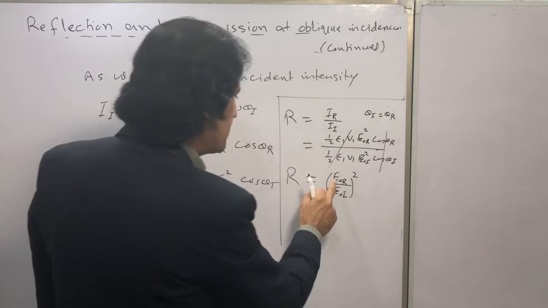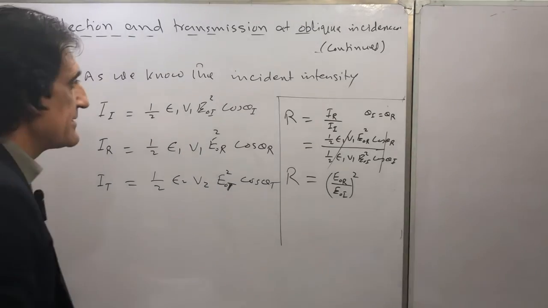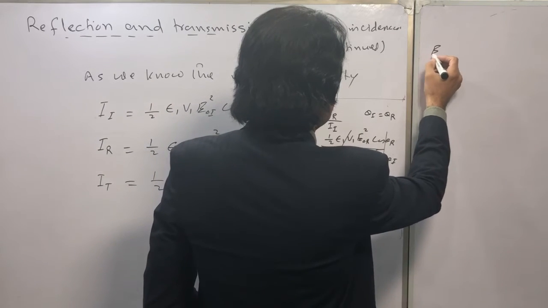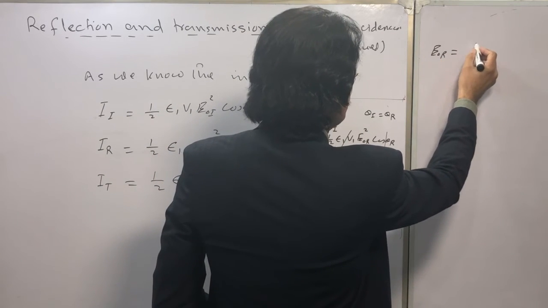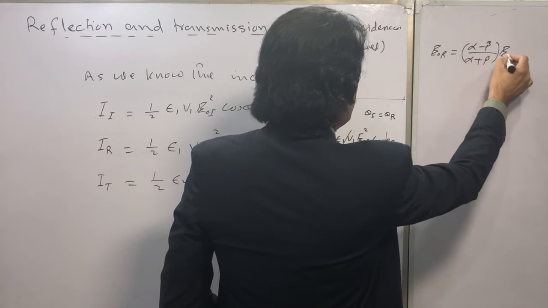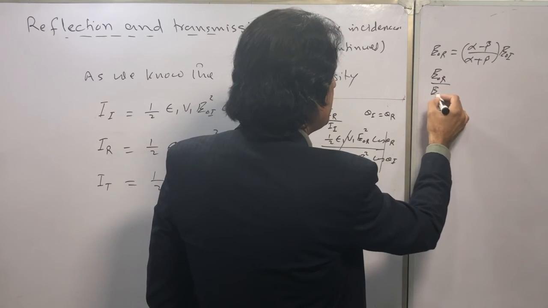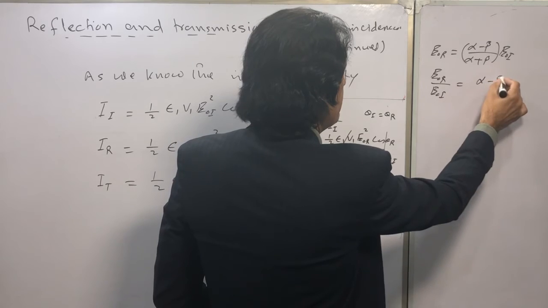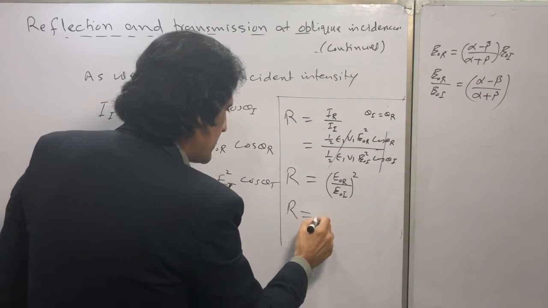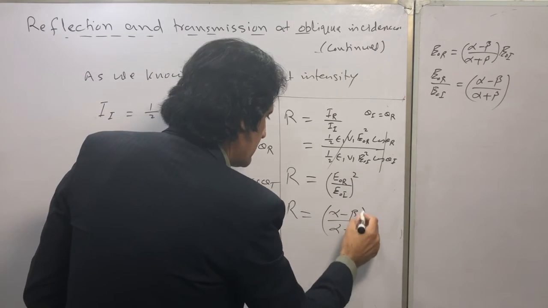And we know about E naught R and E naught I from this relation, which I have already mentioned: E naught R is equal to alpha minus beta divided by alpha plus beta times E naught I. So from this relation E naught R divided by E naught I, putting the value, we have alpha minus beta divided by alpha plus beta and whole square.